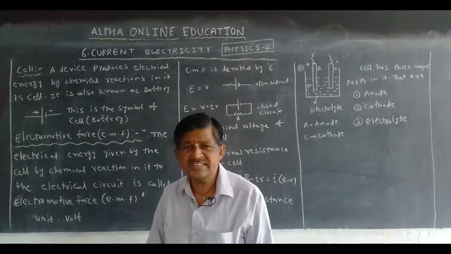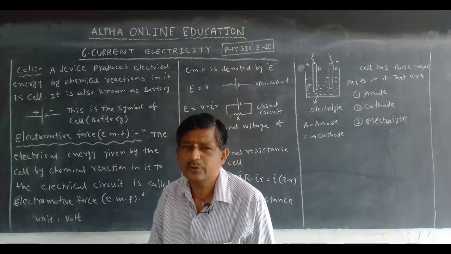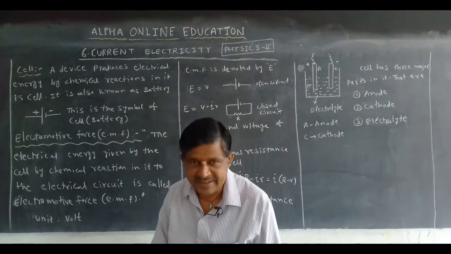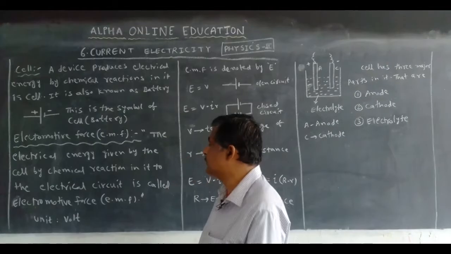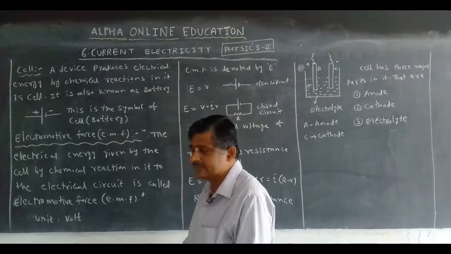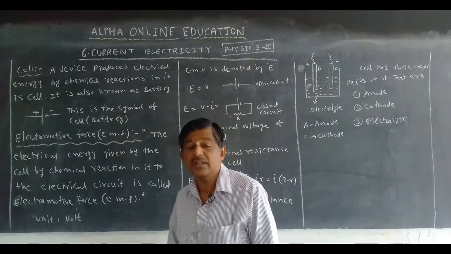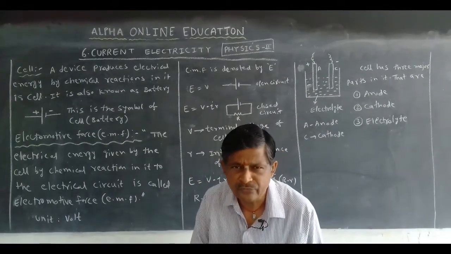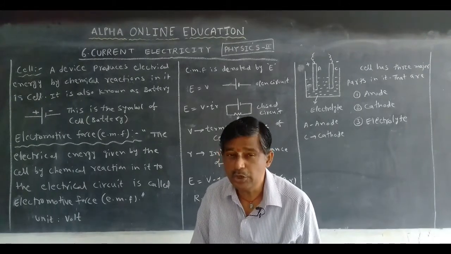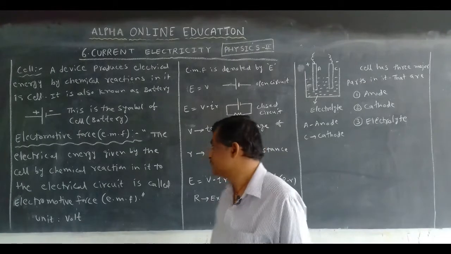Now what does the cell do? As we just discussed, it produces electrical energy by chemical reaction. The electrical energy given by the cell is technically called electromotive force, shortcut EMF. What is EMF?